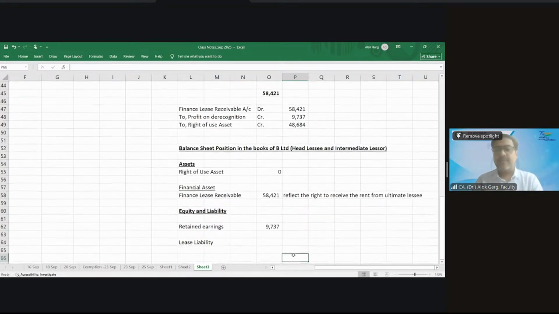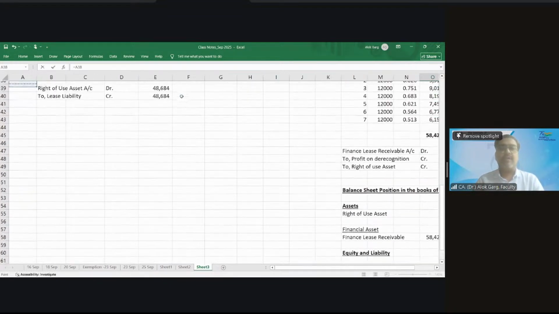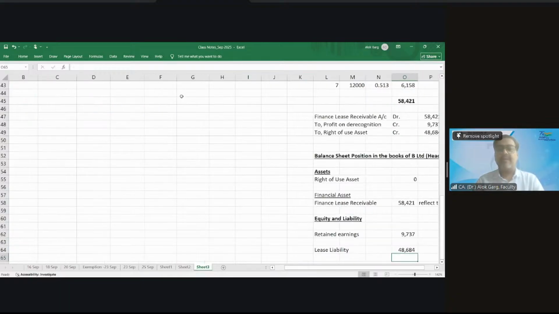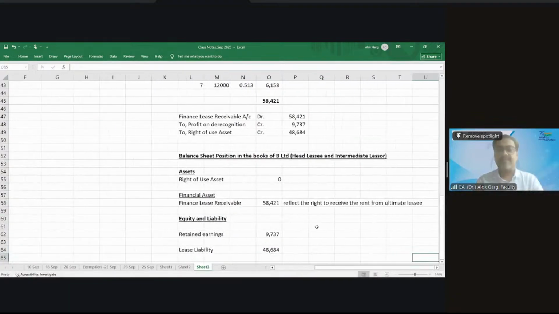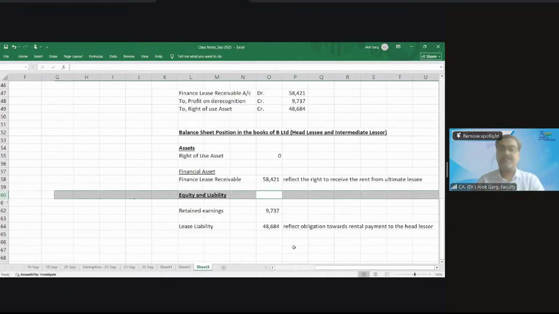This lease liability reflects the obligation towards rental payment to the head lessor, main lessor, primary lessor, original lessor. Yes or no? Yes, sir.